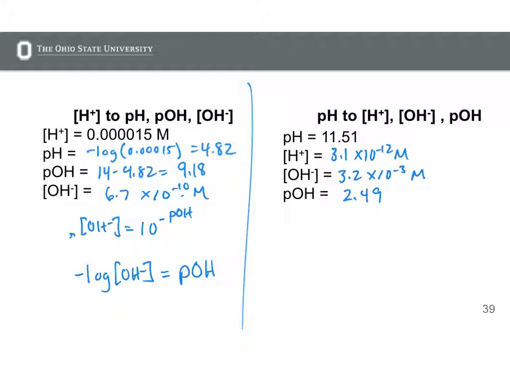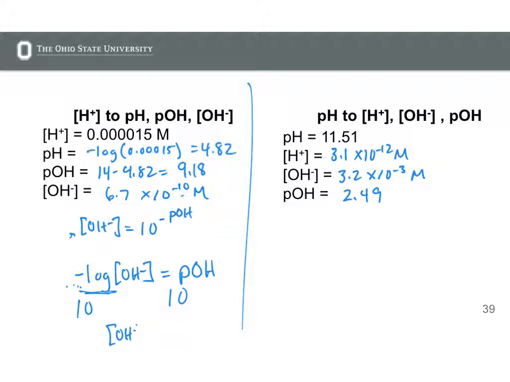Okay, so it's derived from this expression. In order to get rid of the log, we'll do 10 to the minus. This will get rid of the log on both sides.